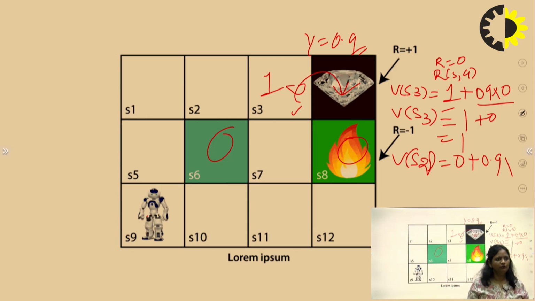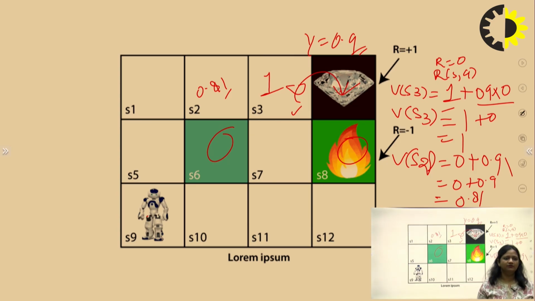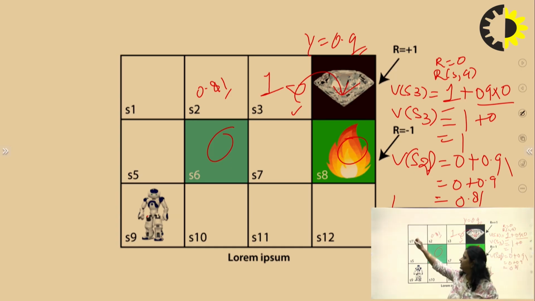What is the value of the previous cell, which we calculated in the above step? That is 1. So 0 plus 0.9 gives 0.81. So we fill the grid with the value 0.81. Similarly, we calculate the value of the S1 block.